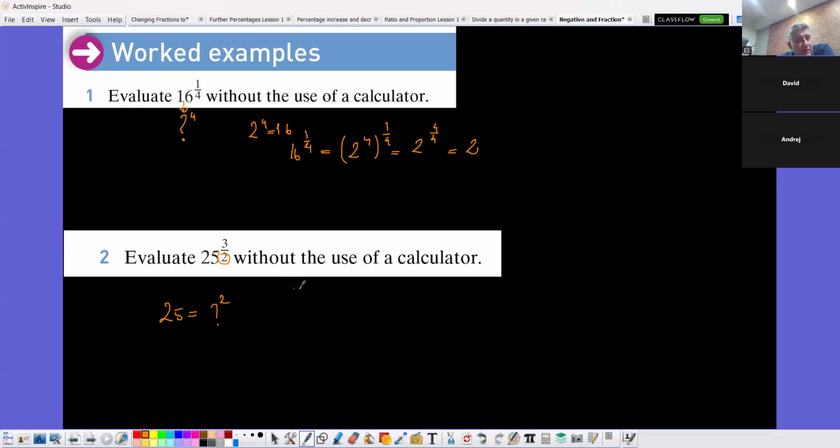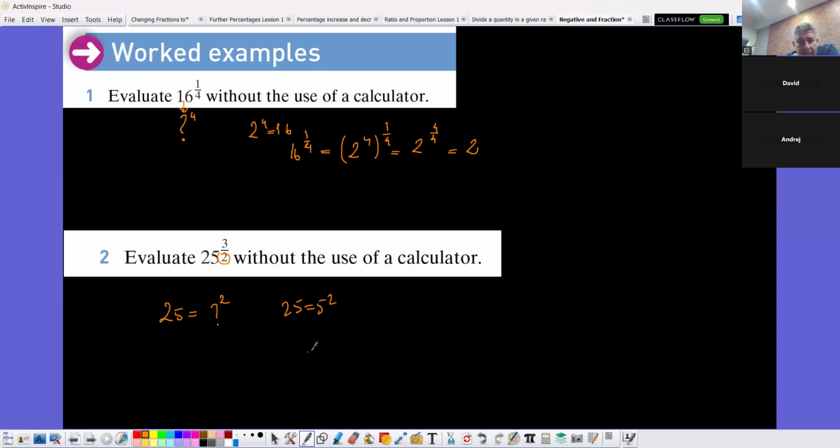Actually, you know very well that 25 is equal to 5 square. You know that one very well. But even in this case, we should be careful here with the powers.